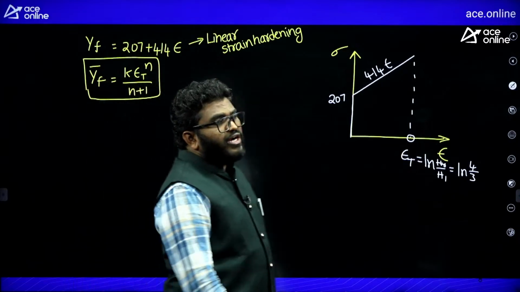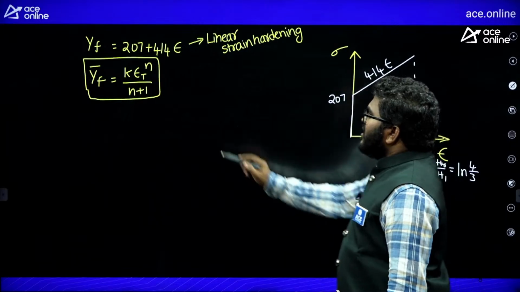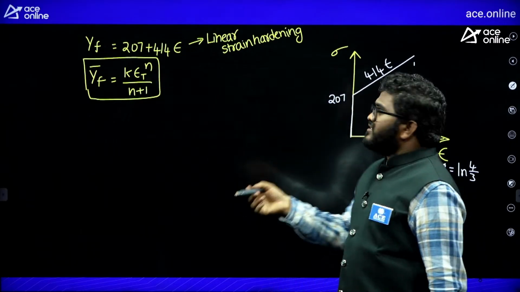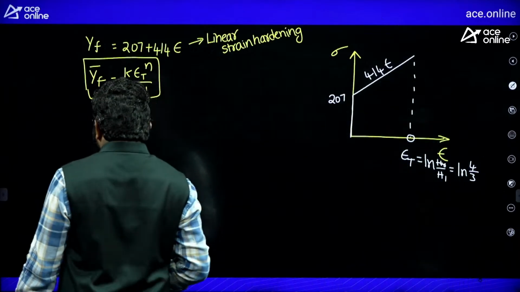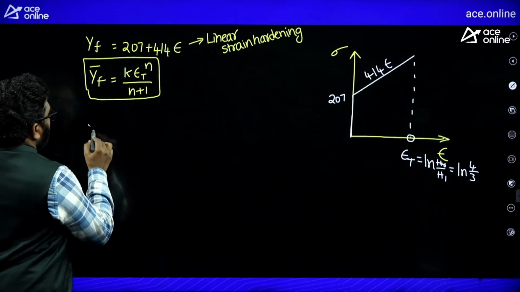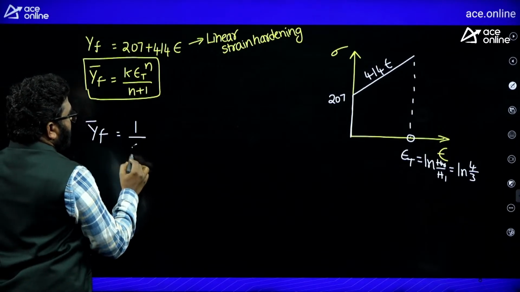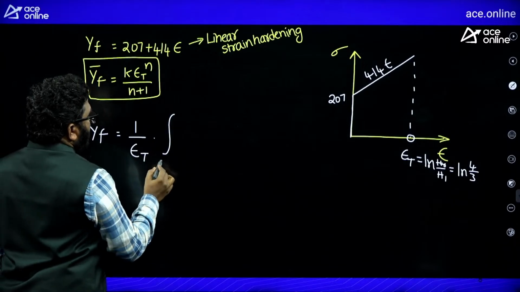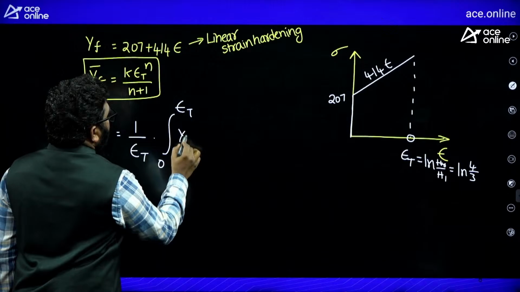So if you want to calculate the average flow stress, here we can't use the earlier formula. It's a linear strain hardening, so we should do the integration. Remember y bar f is equal to 1 by epsilon t into the integral from 0 to epsilon t of yf d epsilon.